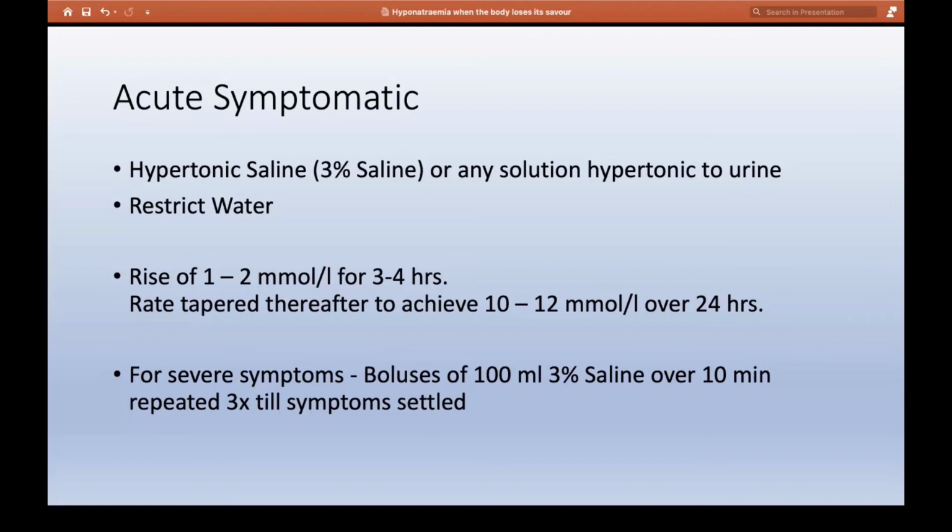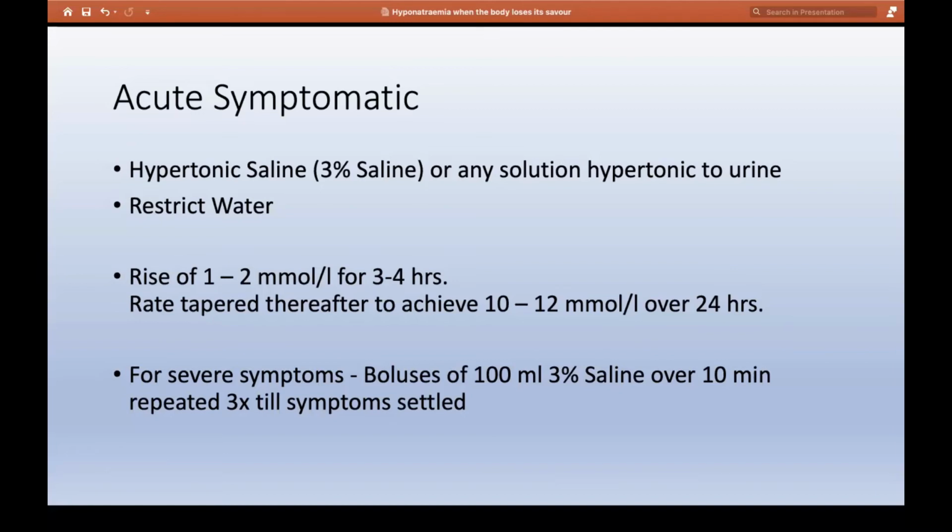And mind you, what is the rate of correction that you want? You want not more than 1 to 2 millimoles per 4 hours. Thereafter, you correct the hyponatremia by 10 to 12 millimoles per liter over 24 hours.